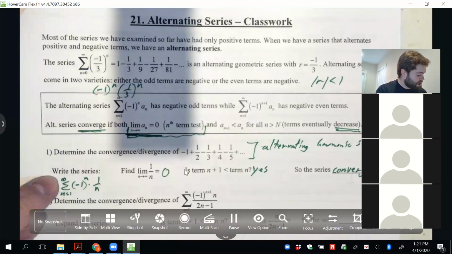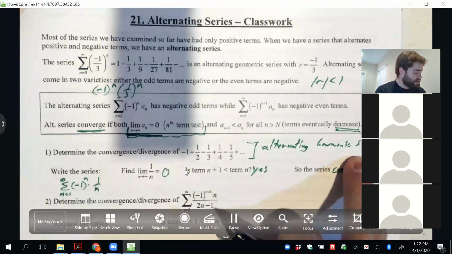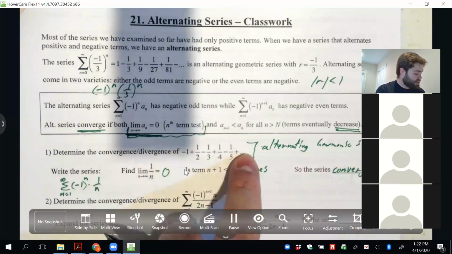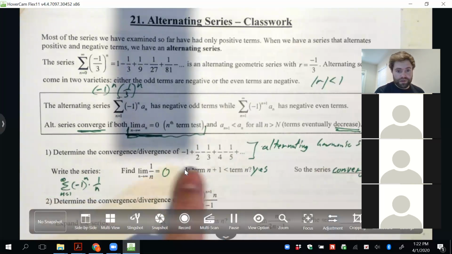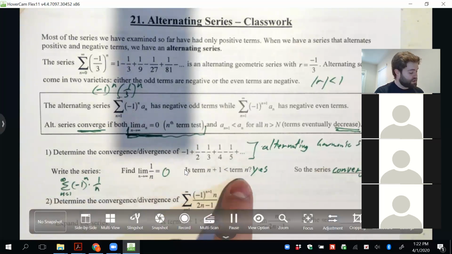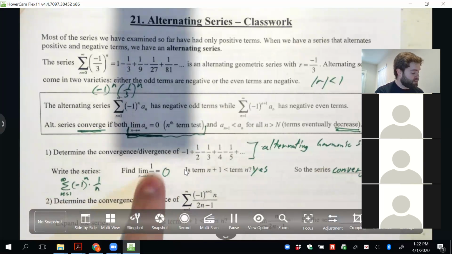Then we looked at this first example, and it's the alternating harmonic series because if we ignore the negatives, it's a harmonic series, 1, 1/2, 1/3, 1/4, and so on. So it can be written as -1 to the nth power times 1 over n, so just the sum of 1 over n is the harmonic series. We need to look at these two questions when we're figuring out whether it's convergent with alternating series. The limit as n approaches infinity of 1 over n.